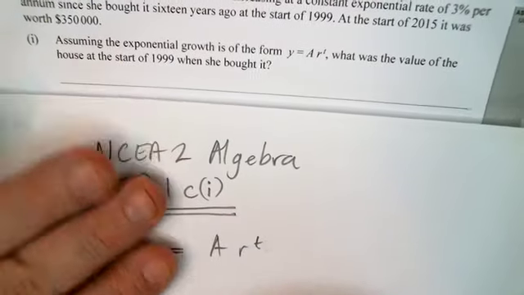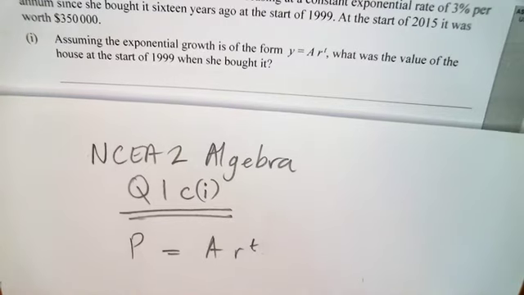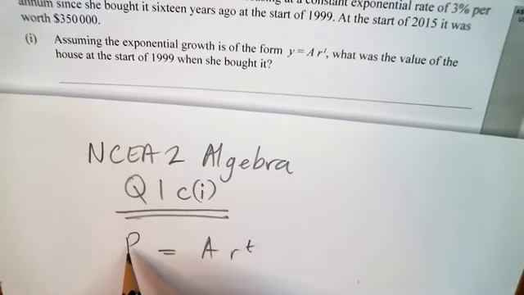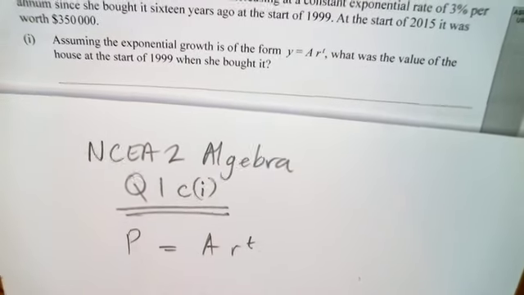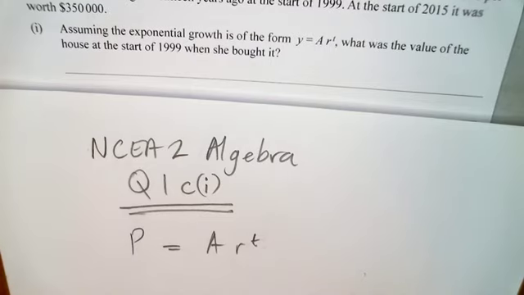It can be a number of different letters used here, but this is the final price. This is the initial price. And this is the interest rate, and this is the period over which the interest rate gets to act upon the various prices. So let's write down what we know.